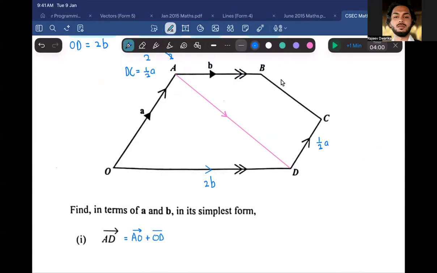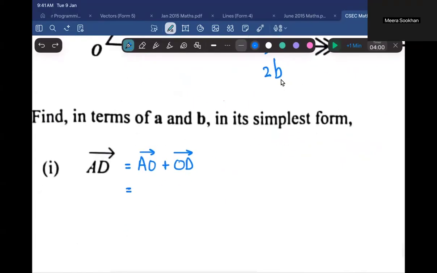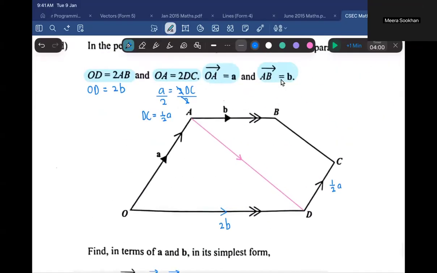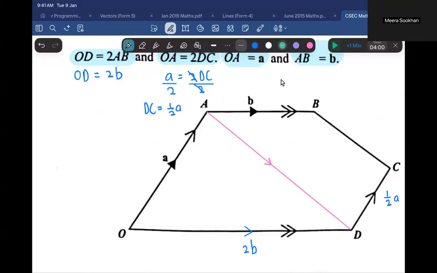Now here's the thing: am I going to A? No. What am I going to write? Negative OA. I was going to skip some working, but I'm glad they say the full working. So negative OA plus OD. I feel like if I don't say the proper thing, I will lose marks in the paper too. I understand.